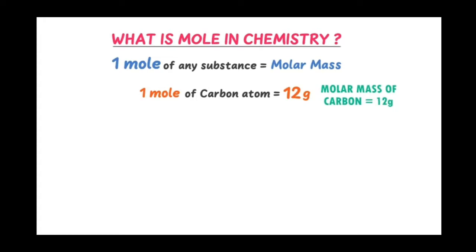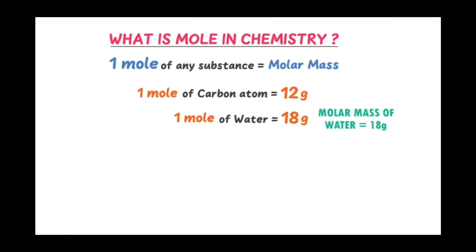Because the molar mass of carbon is equal to 12 grams. In the same way, 1 mole of water is equal to 18 grams because the molar mass of water is equal to 18 grams. Hence, remember that 1 mole of any substance is equal to its molar mass.